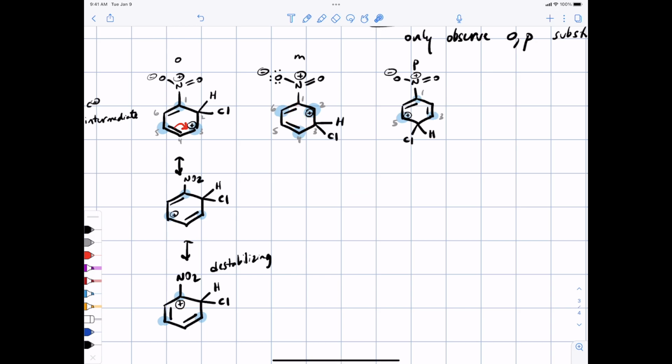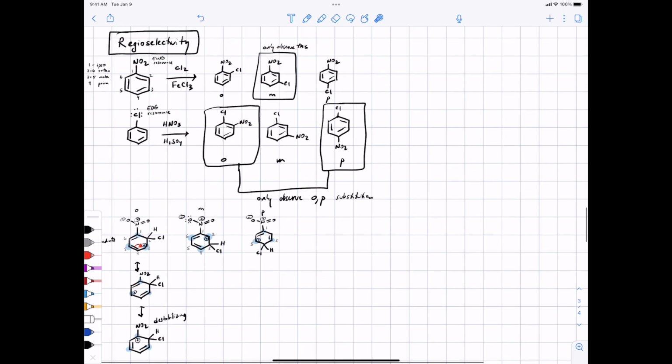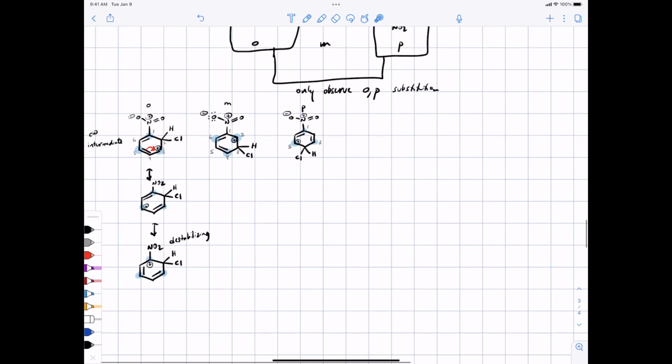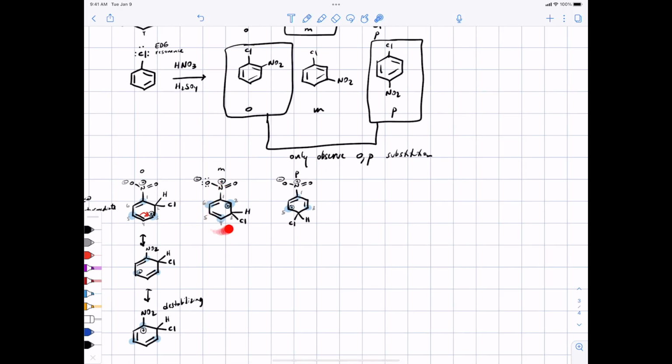So you can rationalize the regioselectivity of the reaction for adding the chloro to the nitrobenzene by saying that the pathway to meta substitution passes through a lower energy carbocation and is therefore faster.